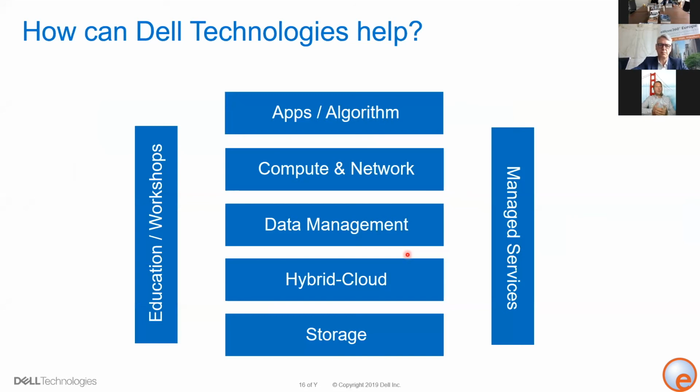We are supporting our customers by educating them around automotive workloads. We're doing workshops, and we are offering, of course, compute, network, and data management systems. And we are setting up these hybrid cloud environments to connect the data centers seamlessly to the public cloud.